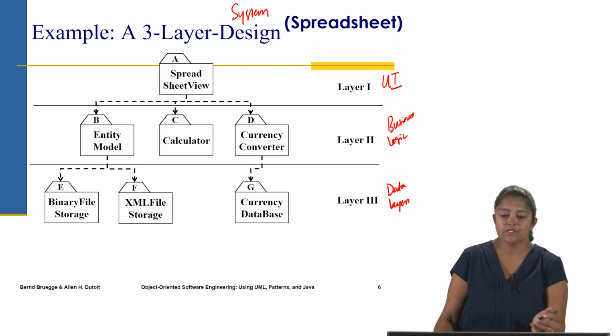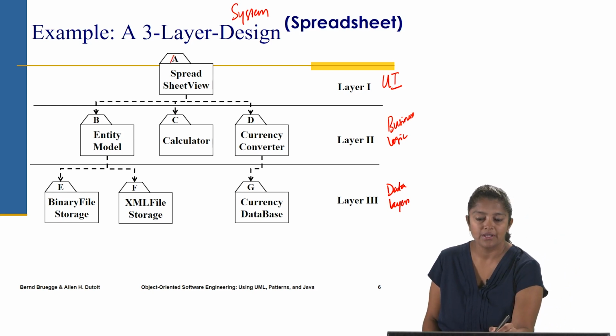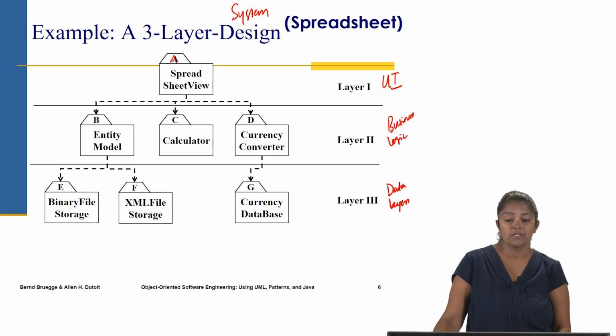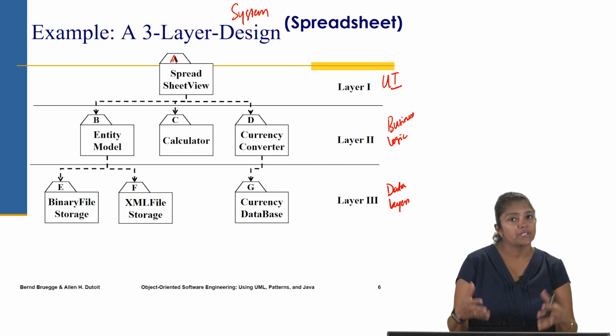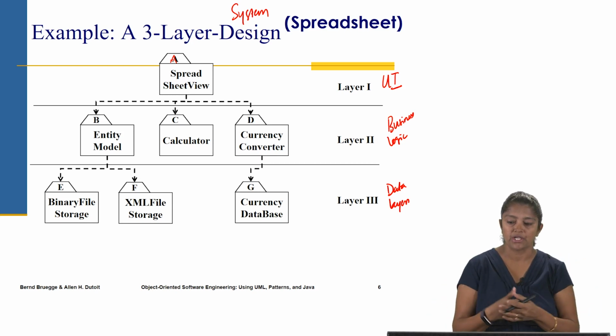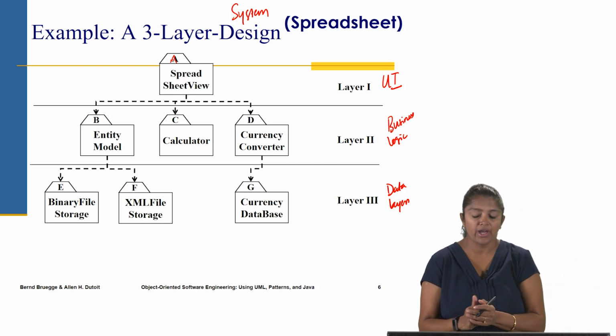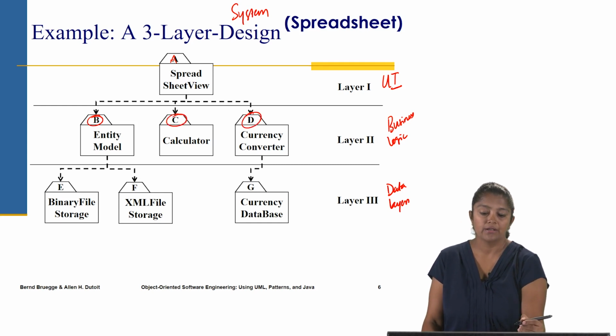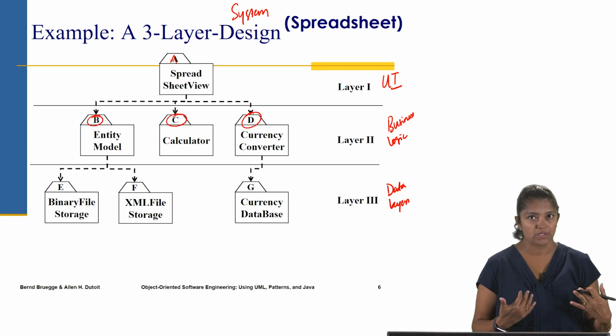You see that they're numbered with the letters A through G. Our first subsystem is the spreadsheet view, and it's in layer 1. It basically pertains to all of the user interface of the spreadsheet. Then in layer 2 we have an entity model, calculator, and a currency converter. We have 3 subsystems.